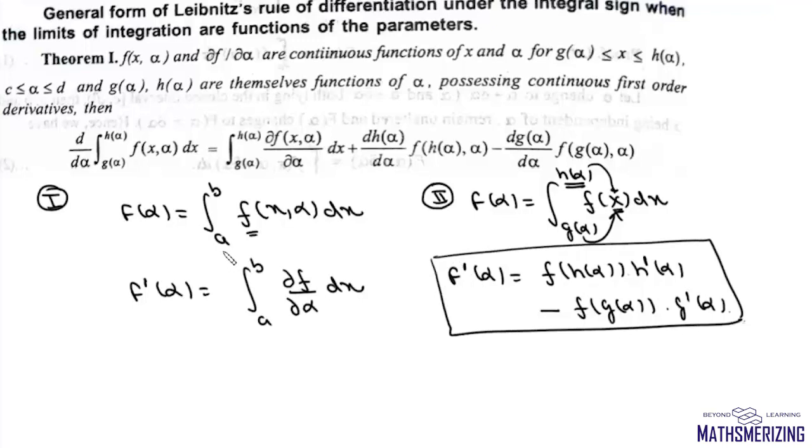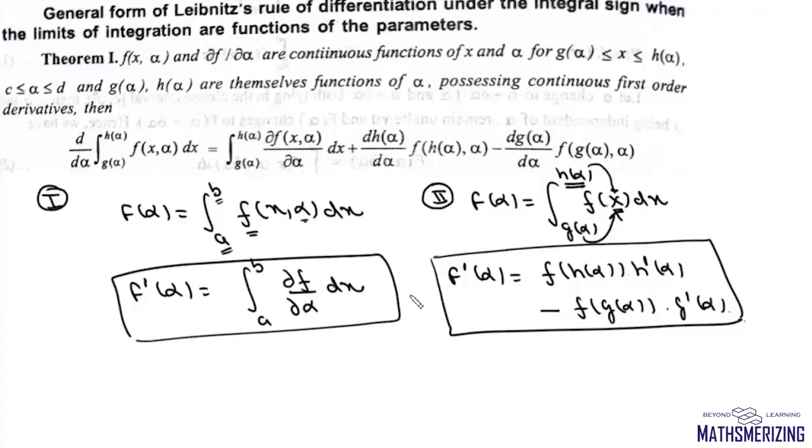So we have the first form when the limits are constant but the function has a parameter alpha. And then we have the second form when the limits have the parameter alpha but the function doesn't have alpha. Now we combine these two results, and we get the general form when the function also has the parameter alpha and the limits are also functions of alpha.